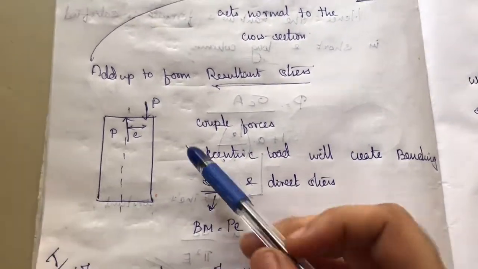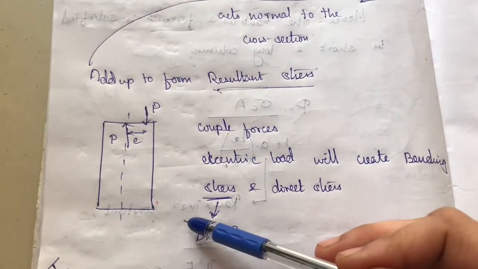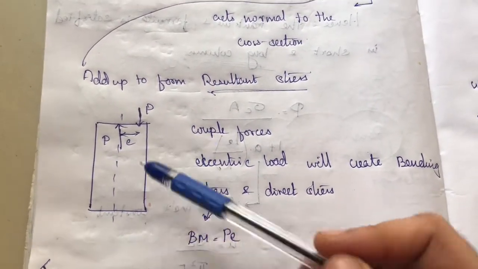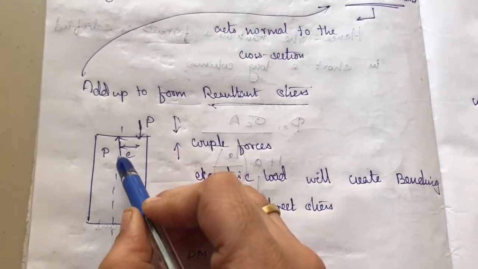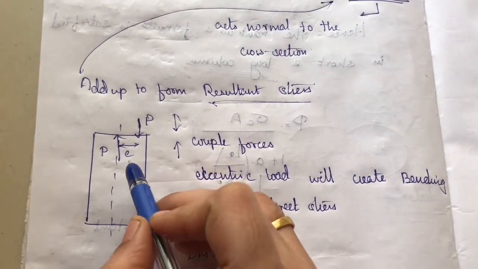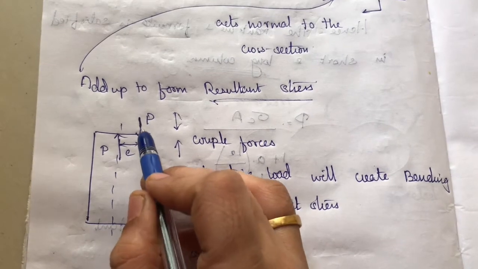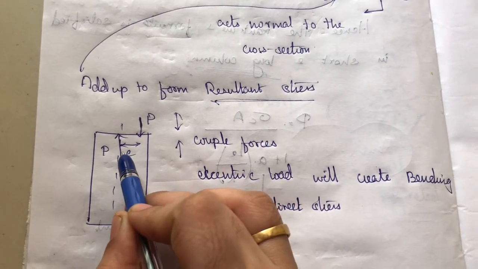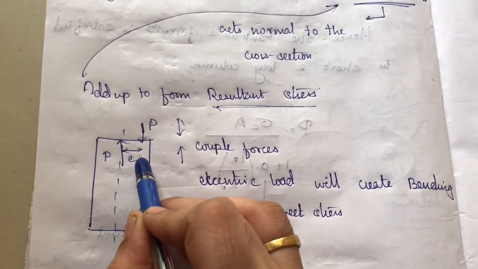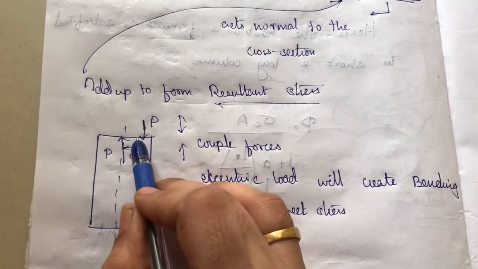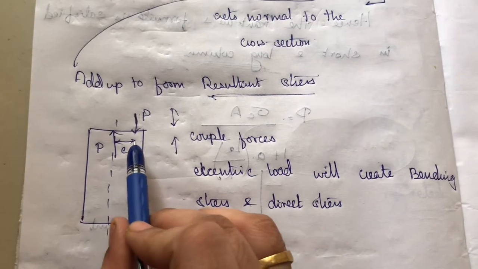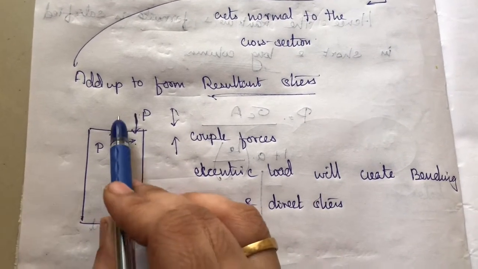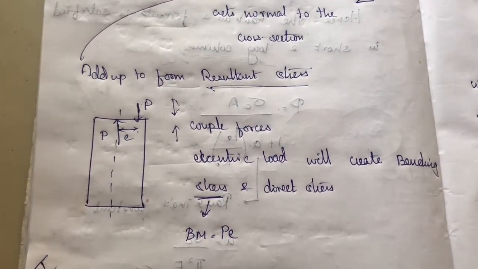Okay. So it is a column which has the couple force. A couple means one force should be at the top and one at the bottom. Okay, right? This is a couple force. But here one force is acting at an e distance. Yes, the one single force is acting at an e distance, just adjacent to the axis, right?